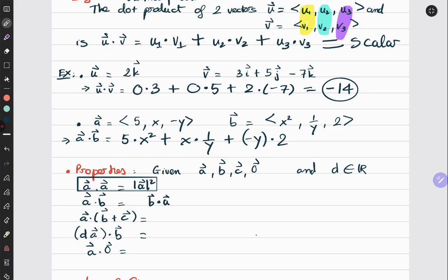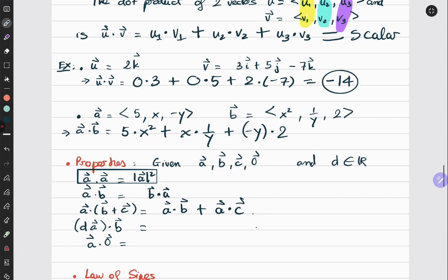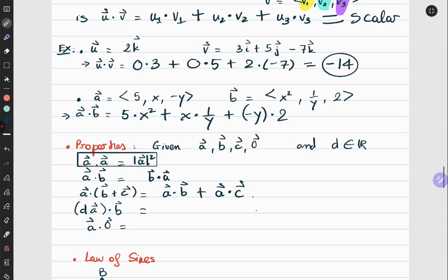It also has the distributive property. That means you can FOIL or distribute inside. So A dot B plus C equals A dot B plus A dot C. This is very similar to normal multiplication between two numbers. Now D here, there's no arrow, so this is a scalar. A scalar multiplied to a vector, you still have a vector, right? A vector dotted with a vector, you're going to have a scalar.